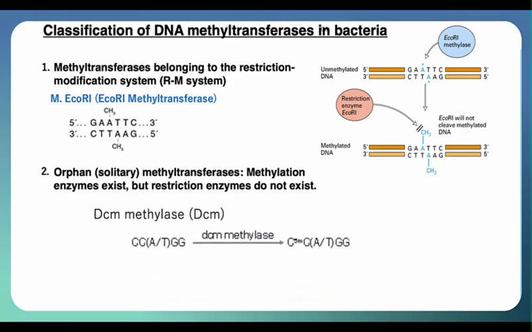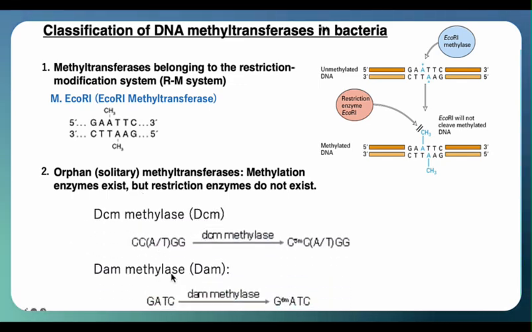Well-known examples include Dcm methyltransferase and Dam methyltransferase. These enzymes introduce methyl modifications to cytosine or adenine within specific sequences, but there are no corresponding restriction enzymes that cut these target sequences.